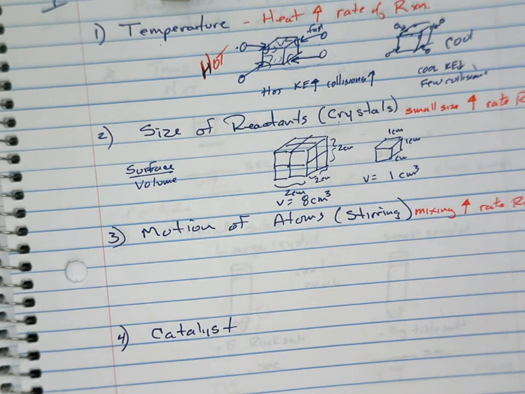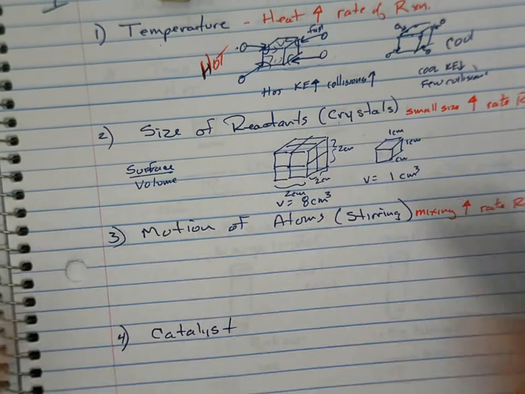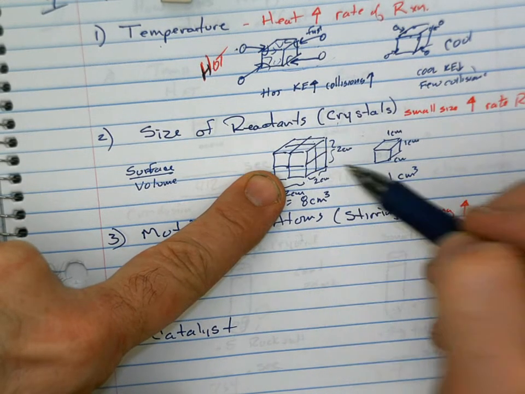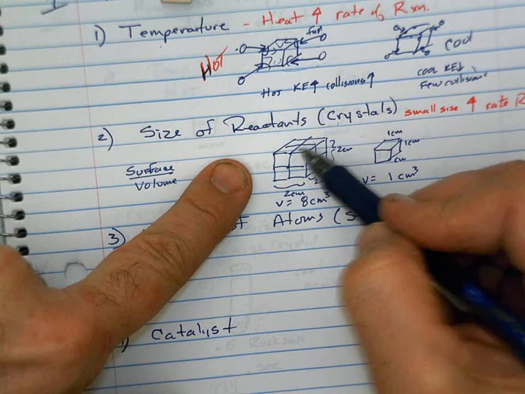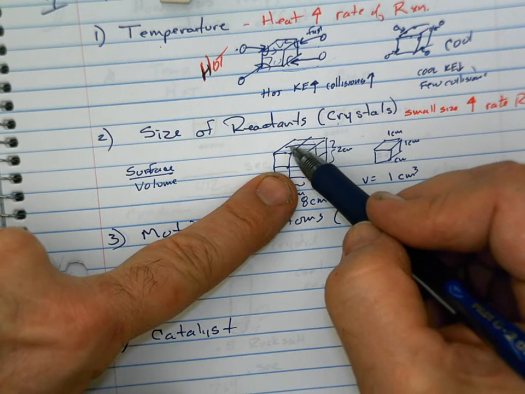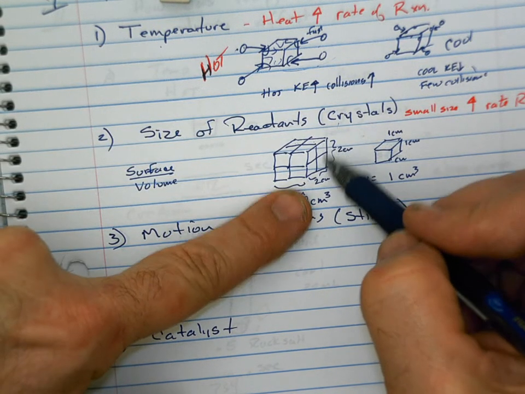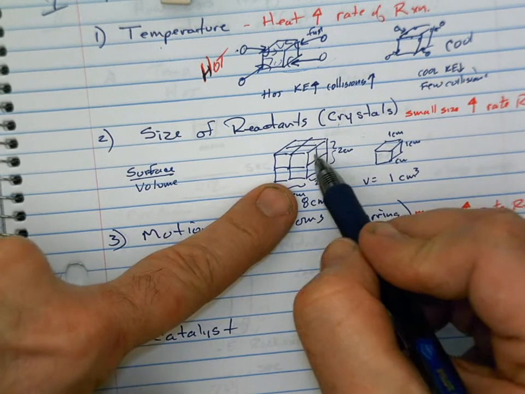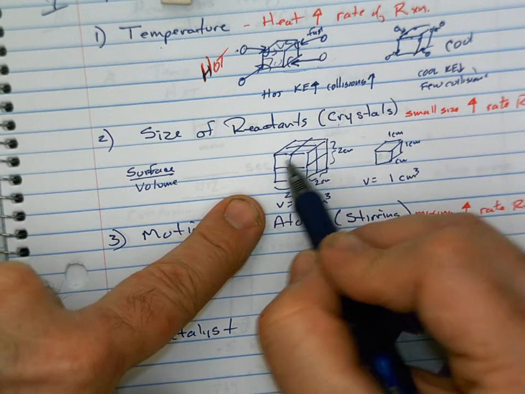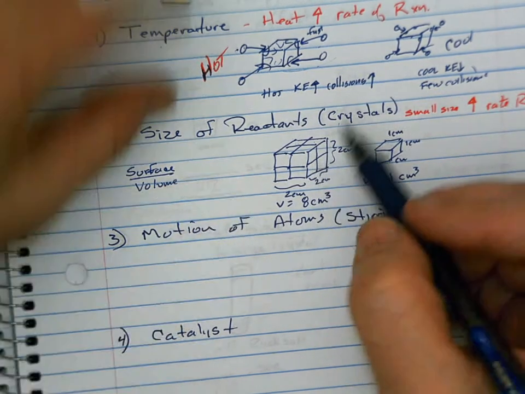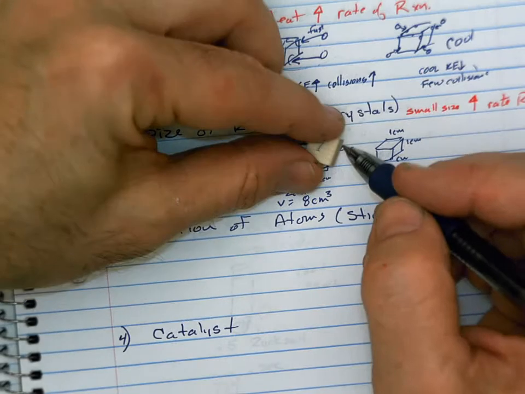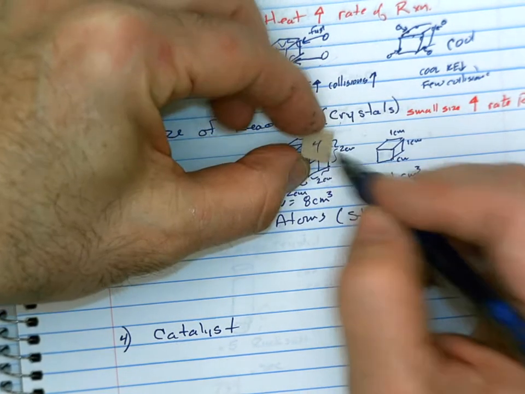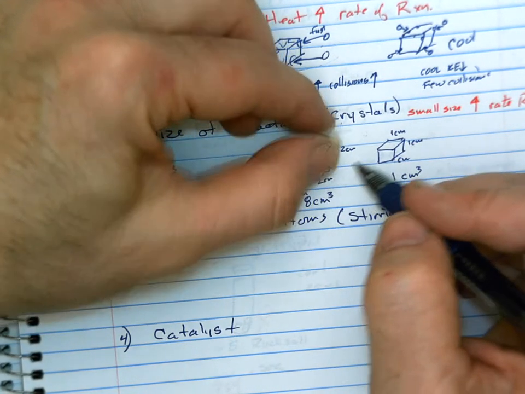So for the large one over here, the surface area: on the top we've got 1, 2, 3, 4, that would be square centimeters, right? And then we have another 4 over here, so we've got to add them up. We got another 4 here. Well, it ends up we've got 6 sides on this cube: 1, 2, 3, 4, 5, 6.